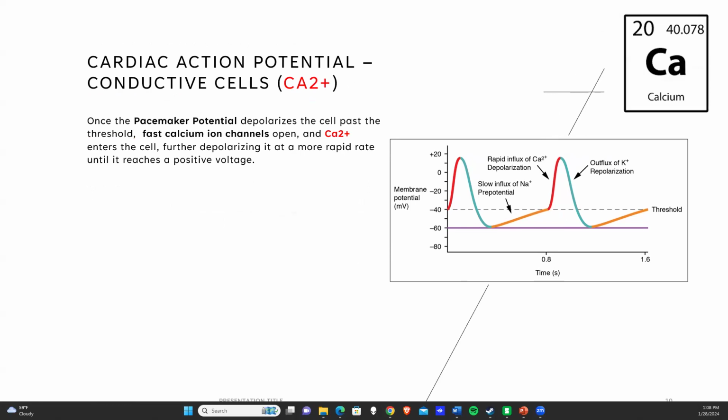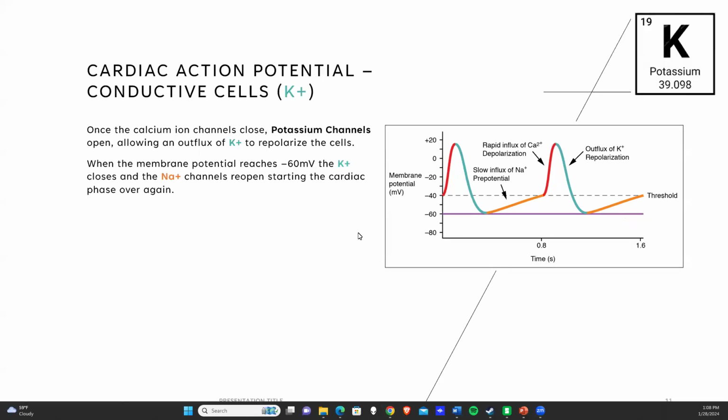After the initial depolarization of the pacemaker potential, fast calcium ion channels open for calcium to enter the cell, further depolarizing it at a rapid rate. That is seen right here on the red portion of the line, how it depolarizes very rapidly. And lastly, the potassium channels open once the calcium channels close.